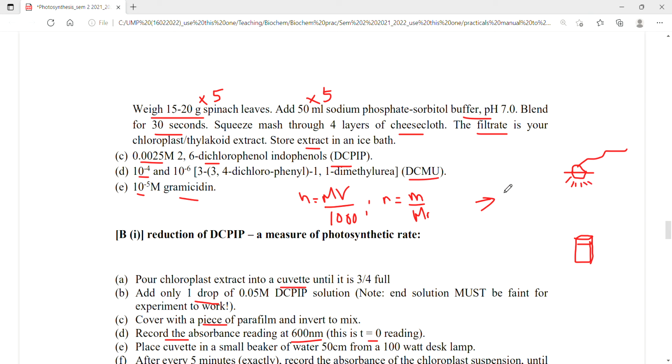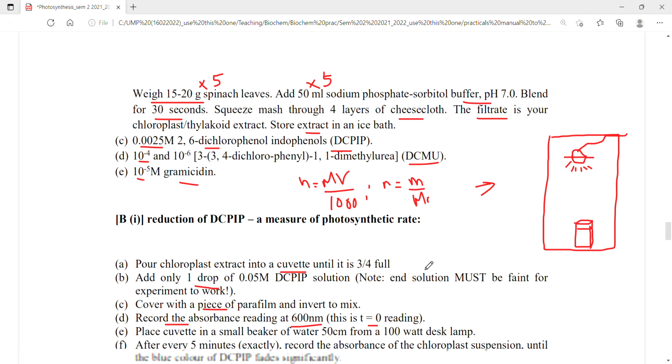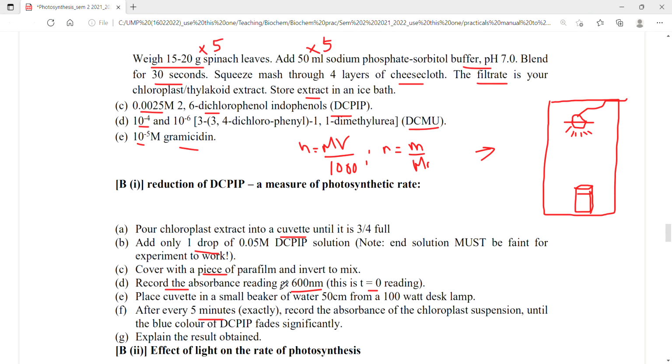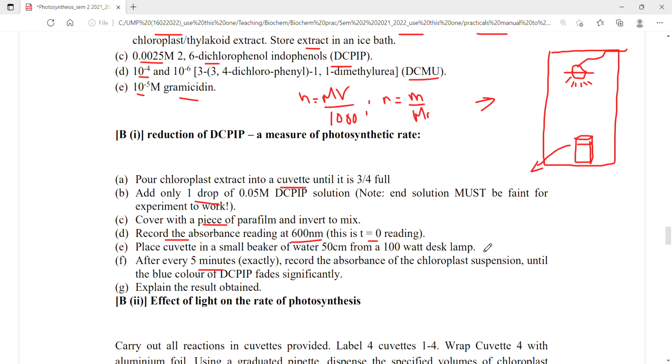In the lab it will be very bright, so we put this whole thing in a box, covered in a cardboard box which is concealed from light from the outside environment, and leave it there for exactly 5 minutes. After 5 minutes we take it out of the box and go to the spectrophotometer.